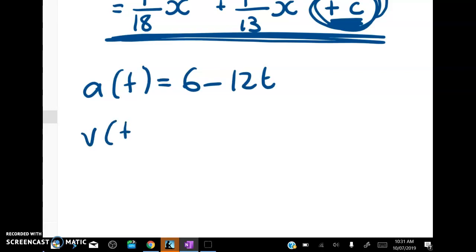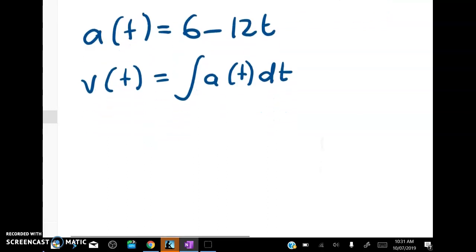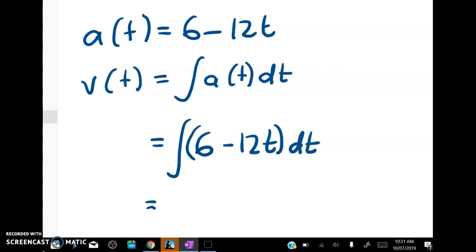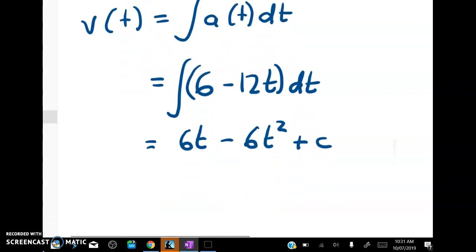So v of t is the antiderivative of the acceleration function. That gives me 6t minus 6t squared plus c.